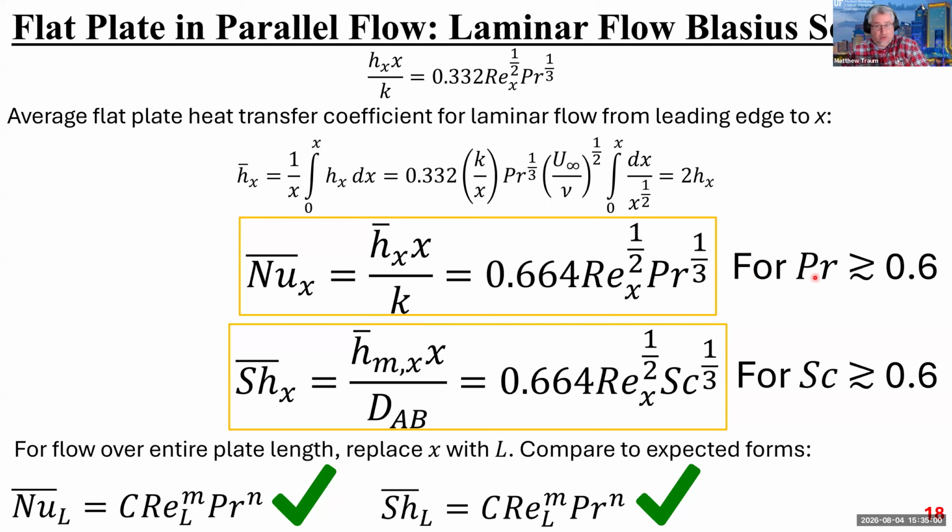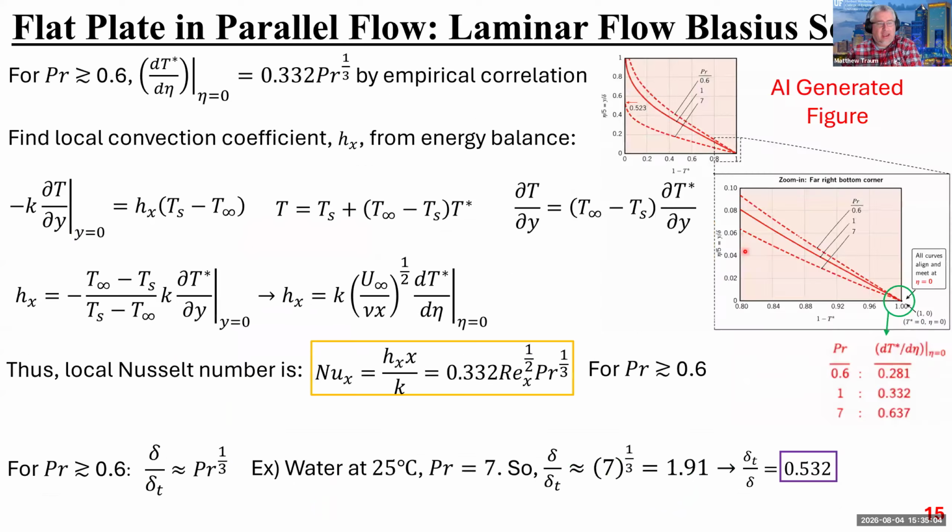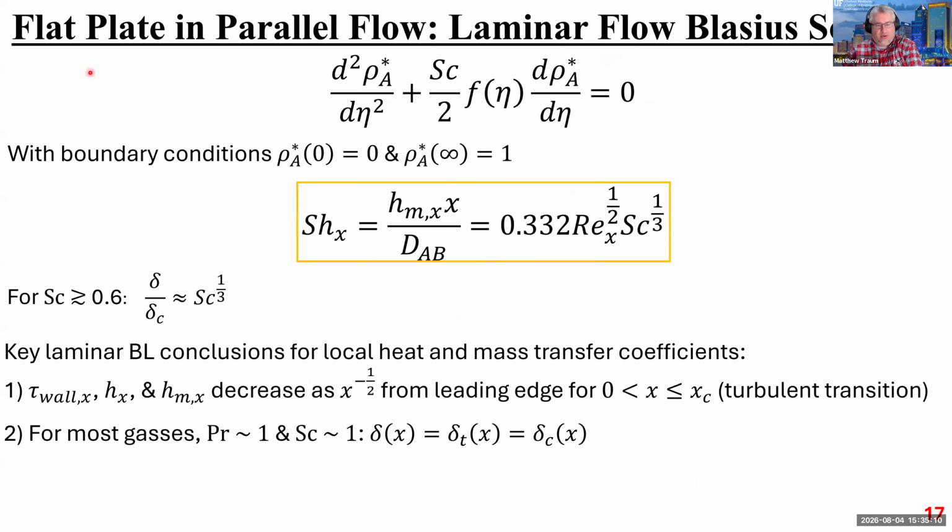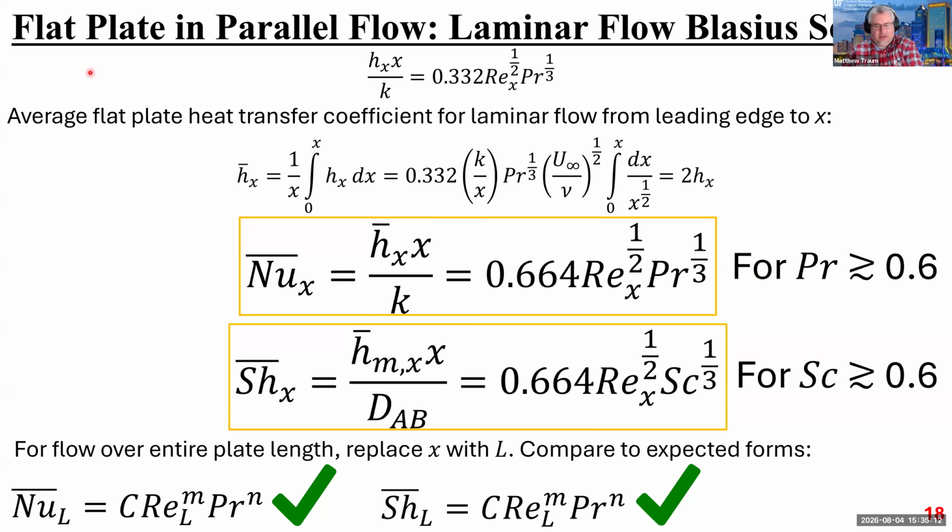And this, of course, is true for Prandtl number greater than 0.6 because this whole thing is based on this empirical observation. In parallel, we can do the same thing for the Sherwood number, because everything for the Nusselt number is identical to the Sherwood number with the exception that k gets swapped out for D, the diffusion coefficient.